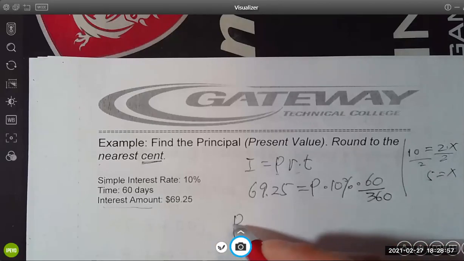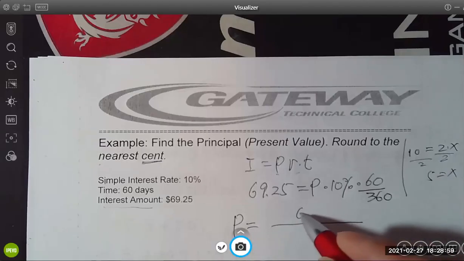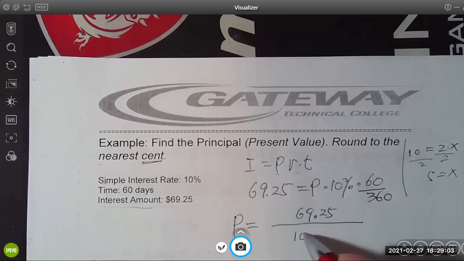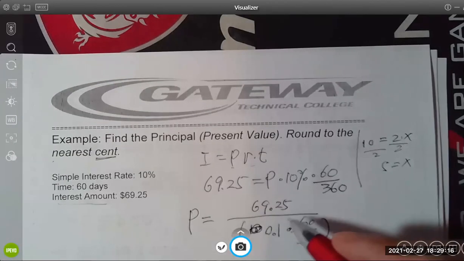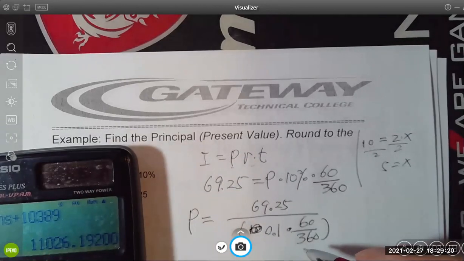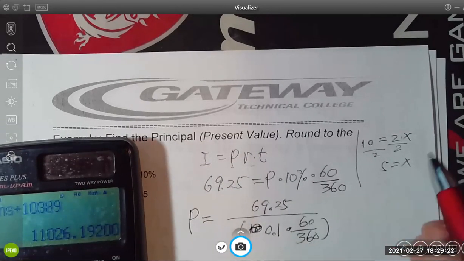So P actually equals 69.25 over, I'm going to use a parenthesis, 10%, which is 0.1 by the way, 0.1 times 60 over 360. Now we let the calculator do the calculation. Calculators don't do any rounding because they have enough memory to keep thousands of decimal digits.